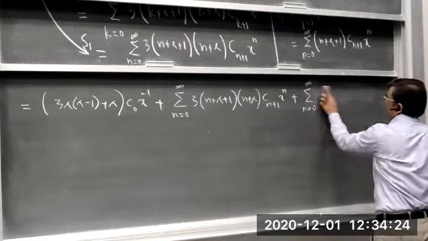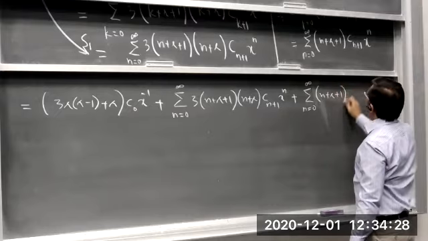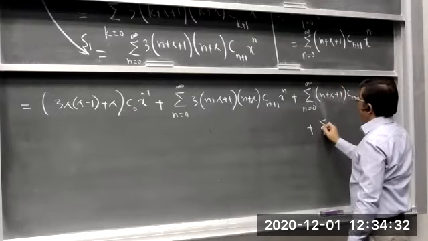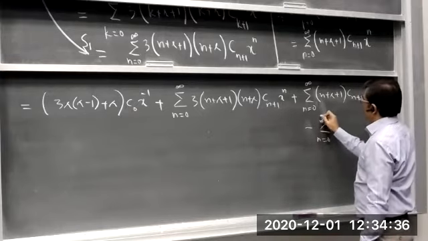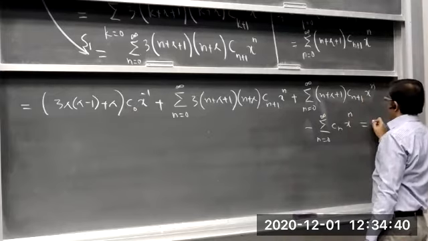Mistake here, I repeated the same thing again. (n plus r plus 1) c n plus 1 x power n, and the third series is not plus, it is minus, summation n from 0 to infinity, cn x power n, is equal to 0.